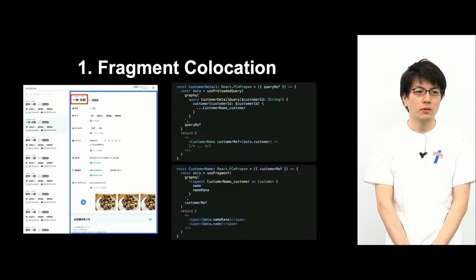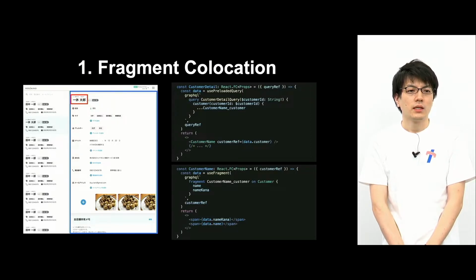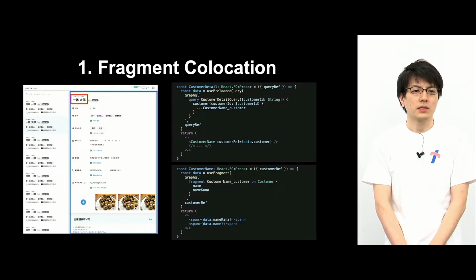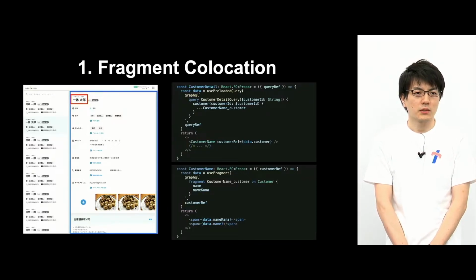So in this example, the blue highlighted area, customer ID, which is appearing in a component, and then the red highlighted one, customer name. So these are actually the sample code.